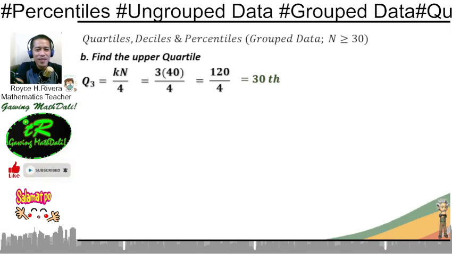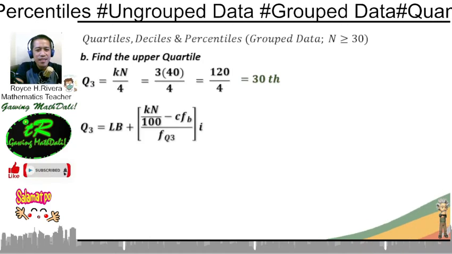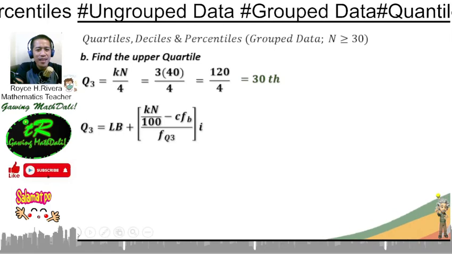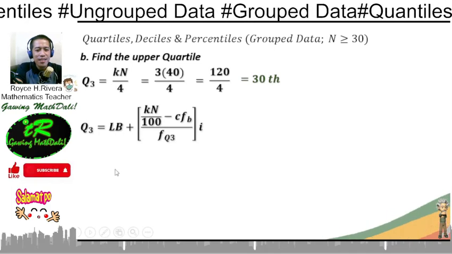Computation na ulit tayo. So here is the formula for getting quartile 3.